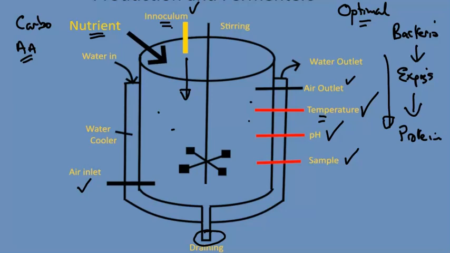And then begins a long process of downstream processing in which there is purification of the insulin product so that it is in a form which can then be injected into humans. And this one is called Humulin, human insulin.